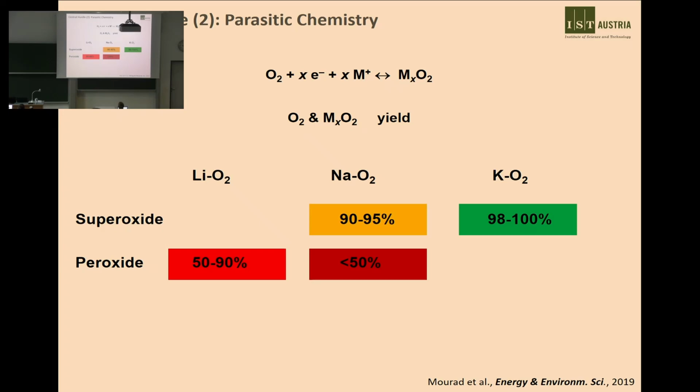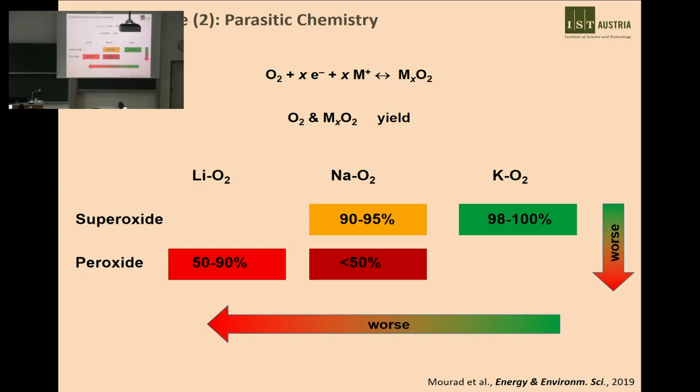And for the example of alkaline metal oxygen cells, what we find as a pattern is if we take potassium, we have close to ideal yields on both discharge and recharge. And as we go in this direction, we are getting worse. And as we go from superoxide product to peroxide product, it is also worse.